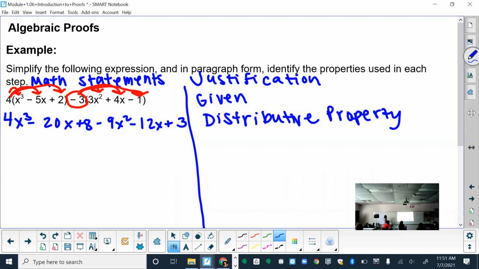No. I'll try to keep it with the higher exponents first. Are there any other numbers with x squared? No, so I'm going to copy that over. Are there any other numbers with x next to it? Yes, I have a negative 20x and a negative 12x. I can combine those because simplifying is combining your like terms. So what do negative 20x and negative 12x combine to?